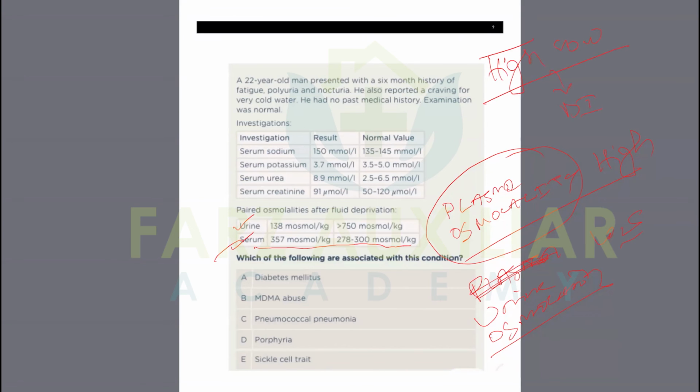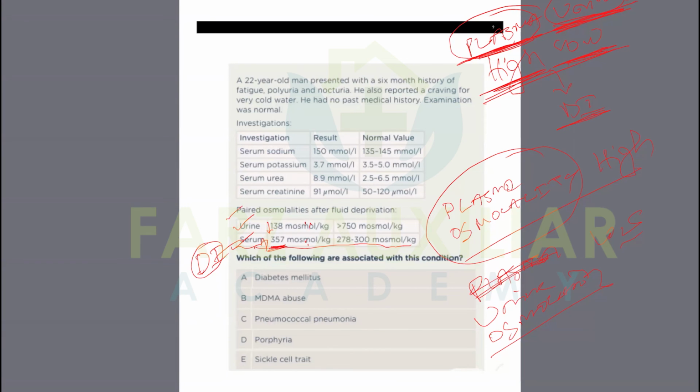High is plasma, so remember plasma first, then urine, so that you will not exchange them. Urine osmolality is low. So here the serum is 357, which is high, and the urine is low. So in the high-low rule, you should think of diabetes insipidus.